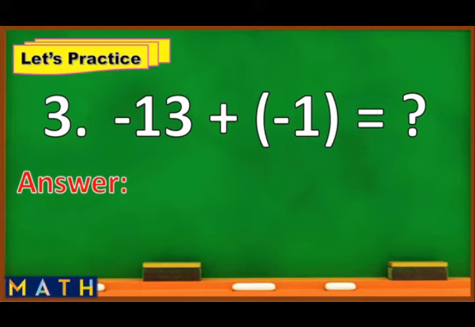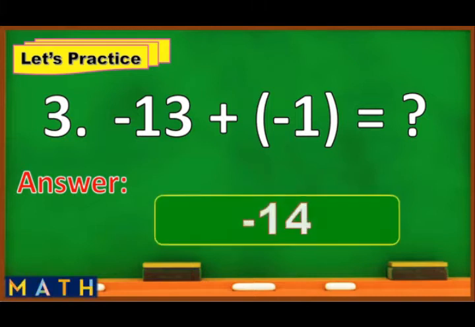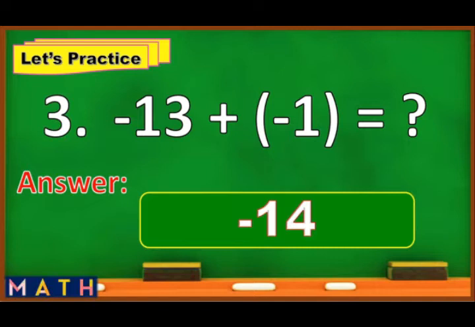For item number 3, negative 13 plus negative 1, the answer is correct. It's negative 14. Remember that rule number 1 states that when adding integers with like or the same sign, you are going to add the real numbers and use or affix the common sign in the sum.